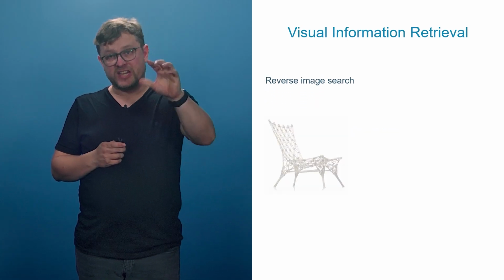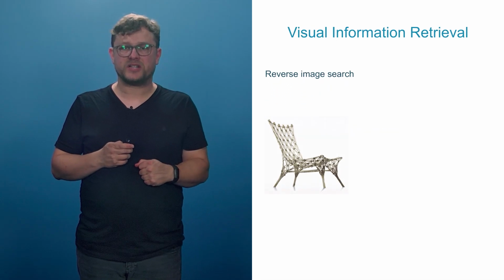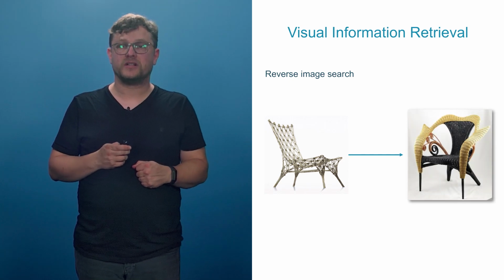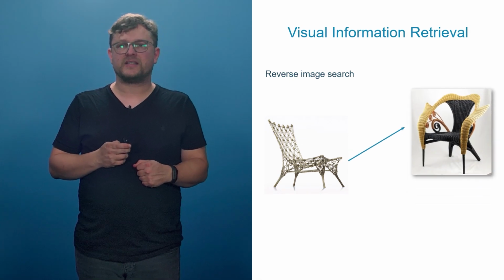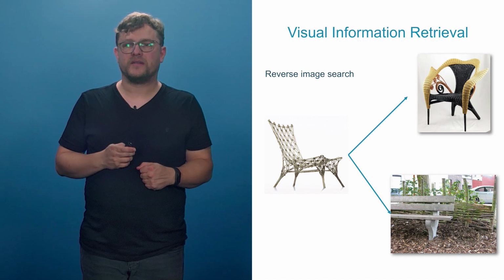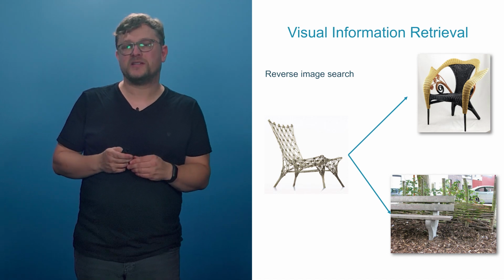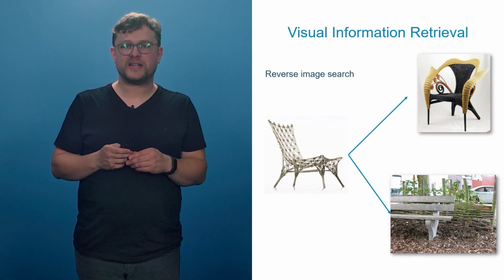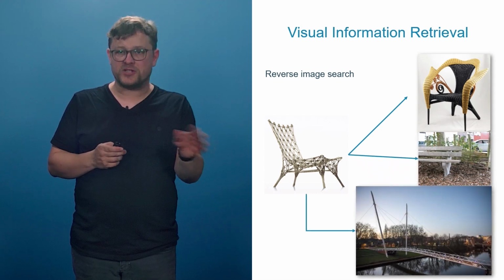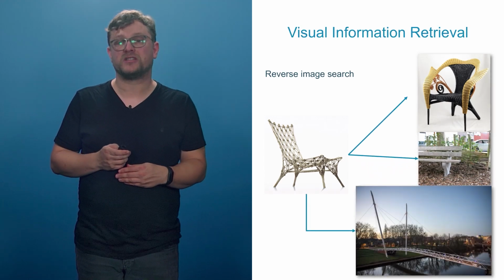So if I query with a chair from the design museum in that project, I will find other chairs, but I will also find a bench in a park. And sometimes even the algorithm gets a little bit confused and you get funny results like a bridge, which is something you can sit on as well.